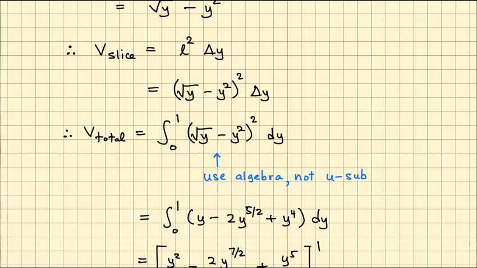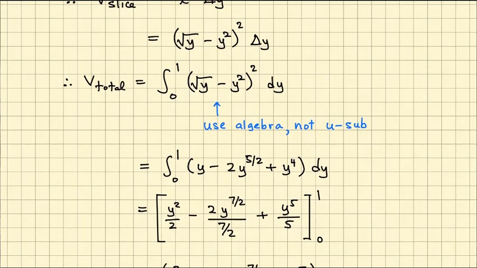We need to use algebra, so here we're just going to multiply this out. We get the square of the first term, minus 2 times the product of these terms, plus the square of this term. Notice this is y to the 1/2, so when we multiply it by y squared, we get y to the 2 plus 1/2, which is y to the 5/2.